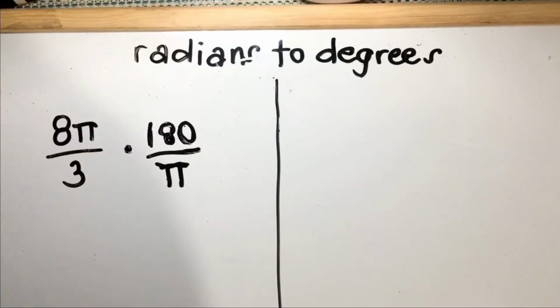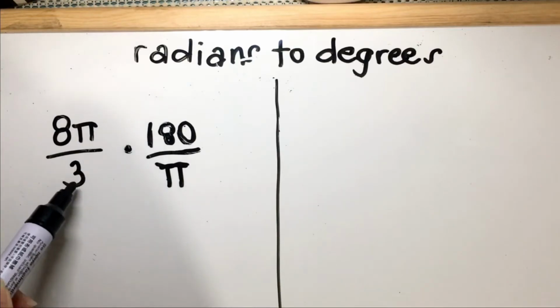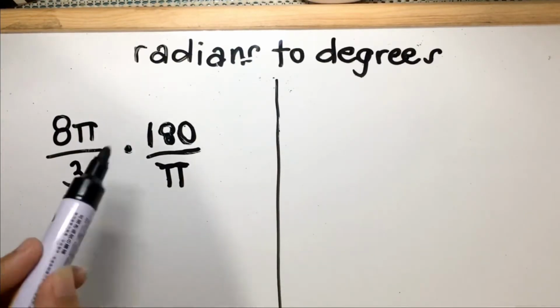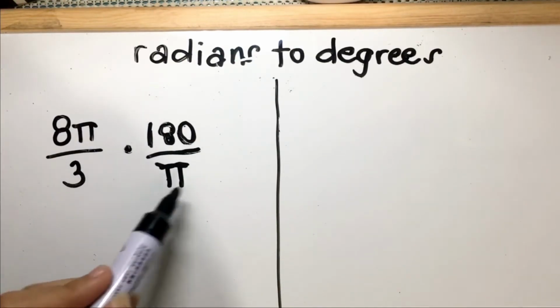Oh, hi there! So you are done watching Anyana's video on how to convert from radians to degrees using the equation of 180 degrees over pi radians. So now, I'm going to show you another example on how to convert from radians to degrees. To convert 8 pi over 3, all we need to do is multiply it by 180 degrees over pi radians.